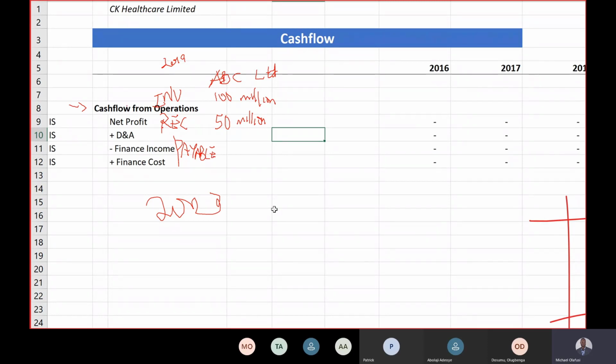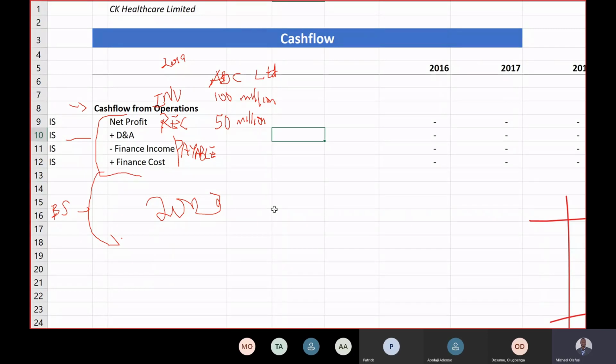So it's not just what you make as regards your revenue and expenses that flow into the cash flow from operations. As regards what is captured in the income statement, there are some aspects of your balance sheet also that will impact your cash flow from operations.